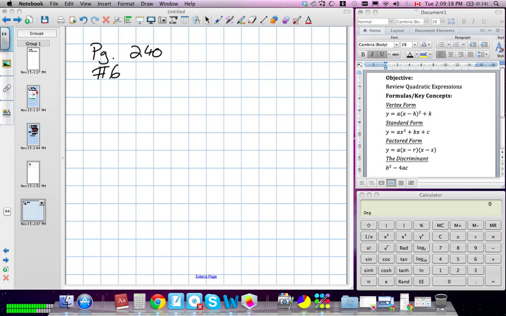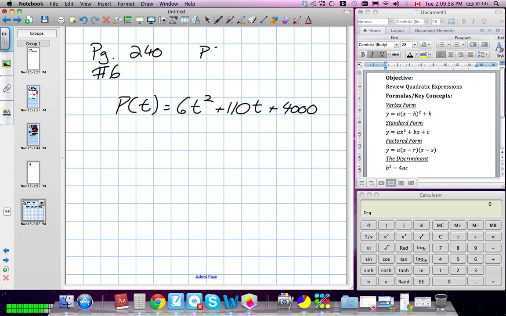P at t is the population, and t is time in years after year 2000. Okay?